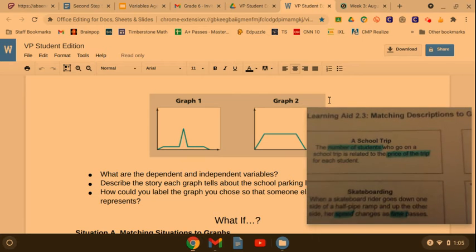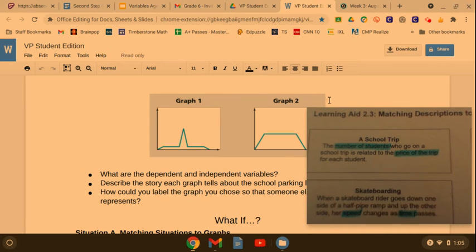It says the number of students who go on a school trip is related to the price of the trip. So just like we talked about, the number of people willing to take the bike tour was related to the cost. Now we have number of students who take a field trip, and that's related to the price of the trip.